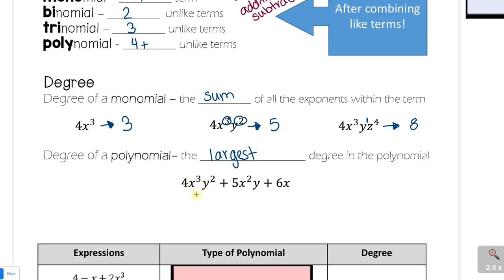So here, this first term, we have a degree of 3 plus 2 gives us 5. Our second term, we have a degree of 2 and our invisible 1, so degree of 3, and we have a degree of 1. So the degree of our polynomial is going to be the largest one, so we have a degree of 5.